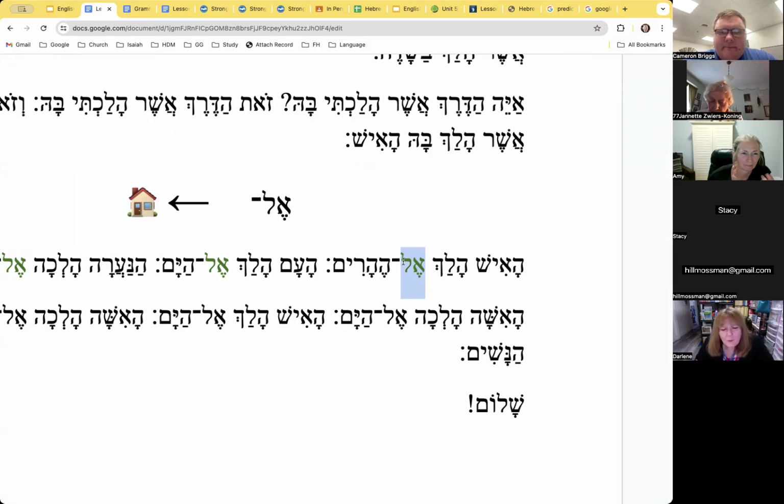And why are they hyphenating? So anytime you see a hyphen, it's the same as English. We're putting two things together to make sure that they're associated with each other. So El Haharim, we're just making sure that we're tying that directly to that mountain, or this one directly to that kind of thing.